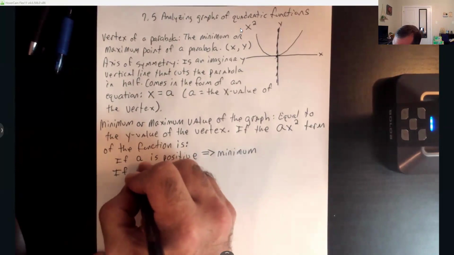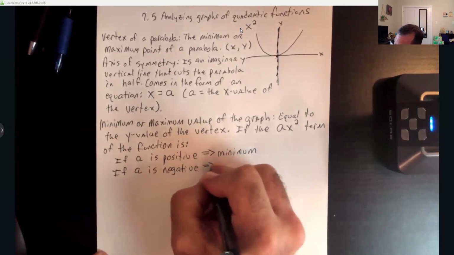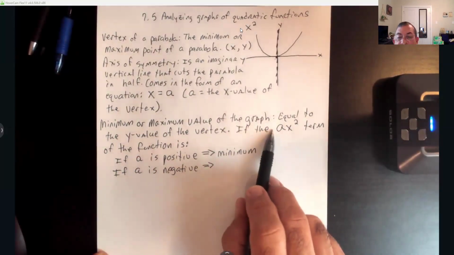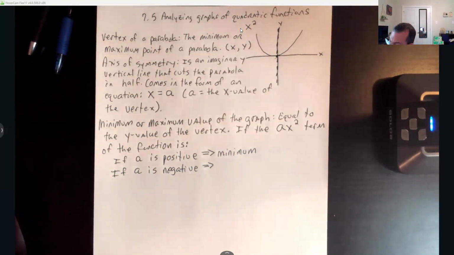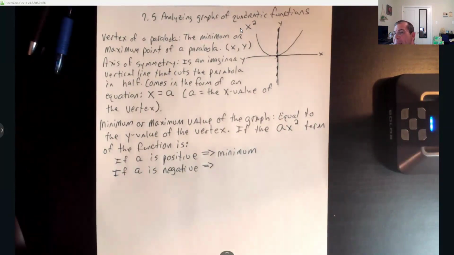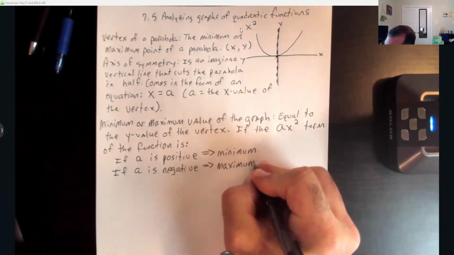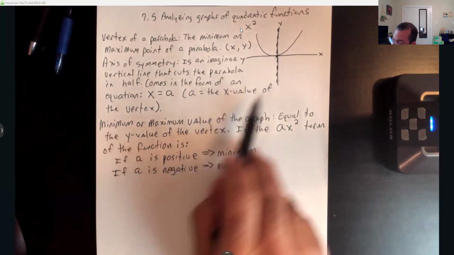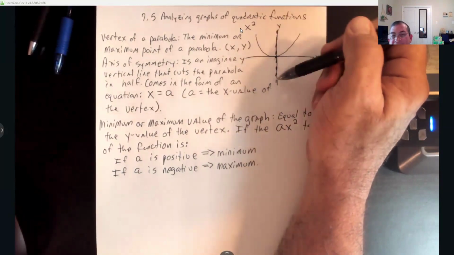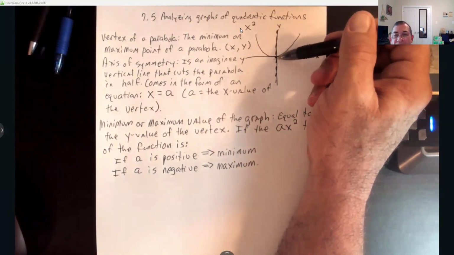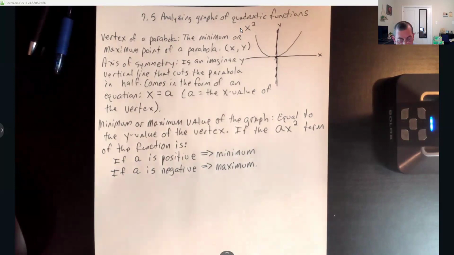If that a is negative, well, remember, if this ax squared term is negative, that flips the graph over the x-axis. So that means that we would have a peak or a maximum. Okay, so that's what the vertex tells me. The vertex gives me the vertical line that cuts it in half. The y value of the vertex gives me the minimum or maximum point of that function, okay?